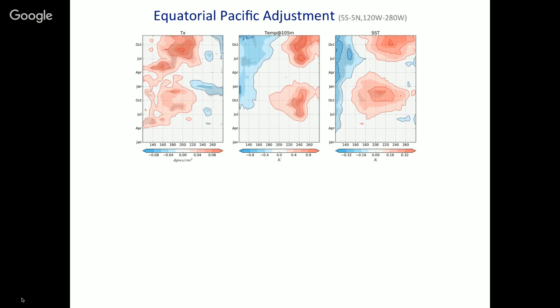It's the westerly wind stress here which gives rise to the equatorial dynamical response, which shows up in SST. And then in the second year, there is another blob of SST. You have a corresponding warming in the subsurface, and also a corresponding westerly wind stress around the same month. So it's all very consistent, what you're seeing there.